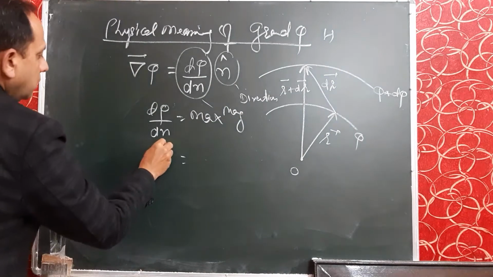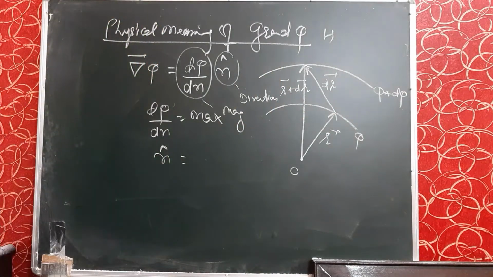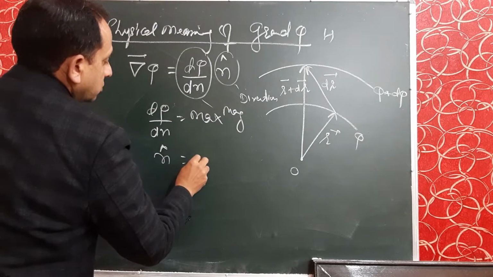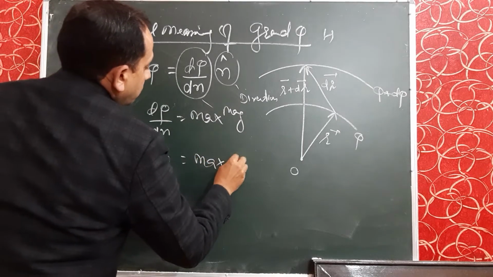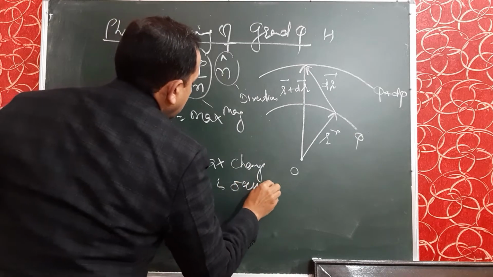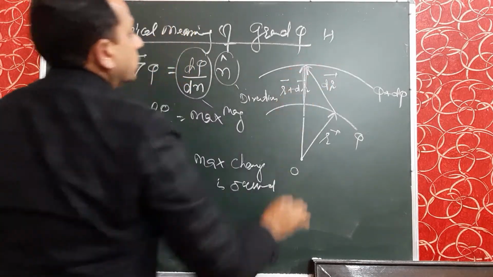So n cap is the direction in the normal or perpendicular side, in such a way that the flux change is maximum, along which the maximum change occurs. So the maximum change is like this one.